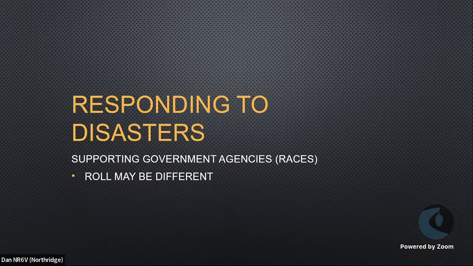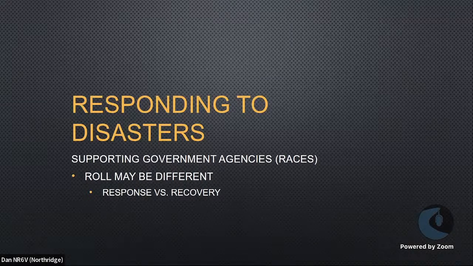One of them is that most EmComm groups tend to be recovery oriented. In other words, they're reacting to an event that has occurred and not really responding to the event. It's kind of a subtle difference, but you might be in the role of responding in the initial stages, or at least providing information that helps your served agency respond.